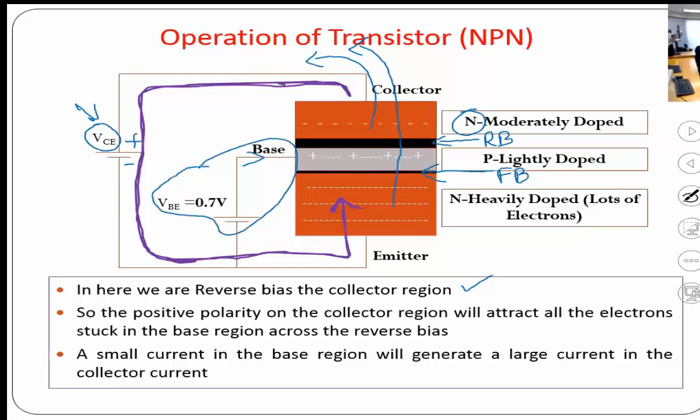And always remember that the base current is always going to be small. What do you think will happen if I put very high current through the base? You can damage the transistor, because remember that the base is a very thin region and very lightly doped. It cannot handle a lot of current. So you cannot consistently have a lot of current in the base region.